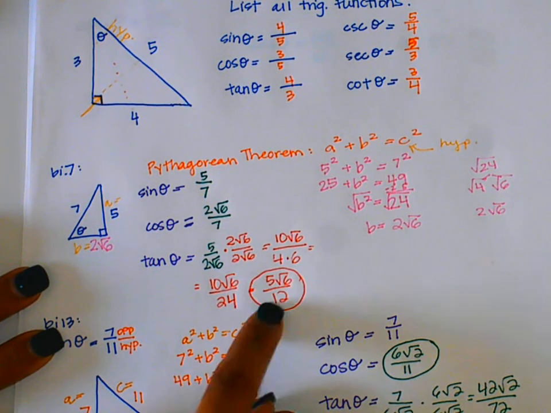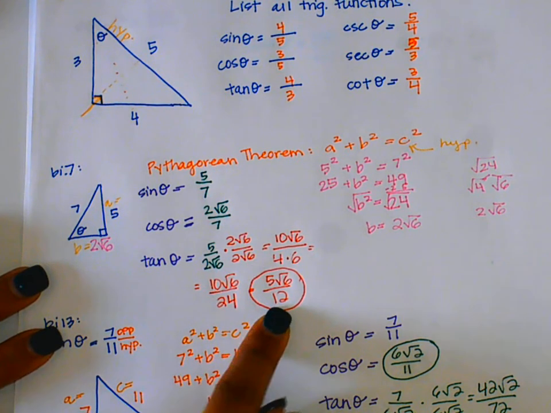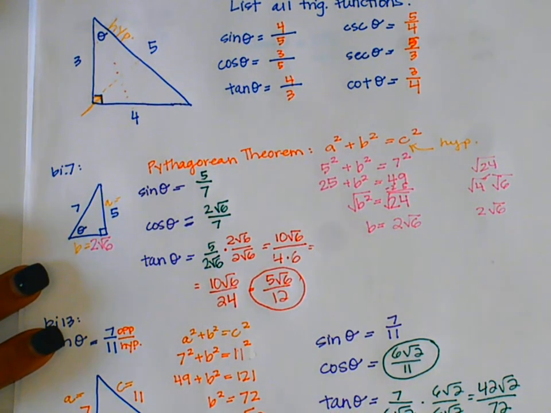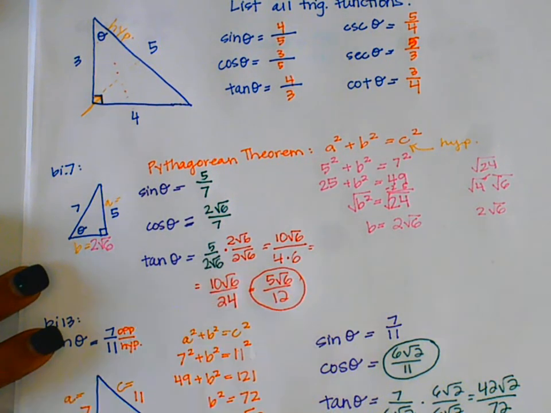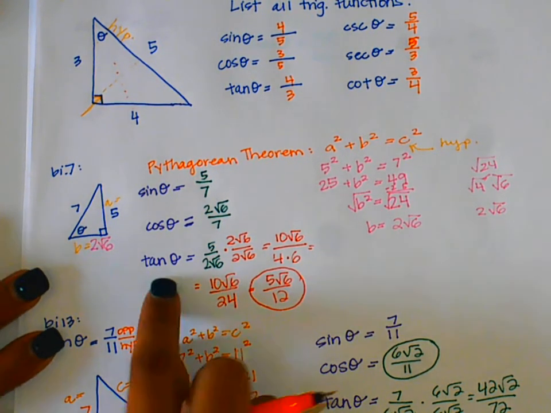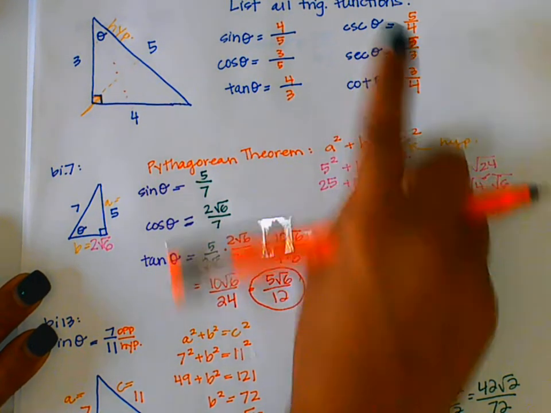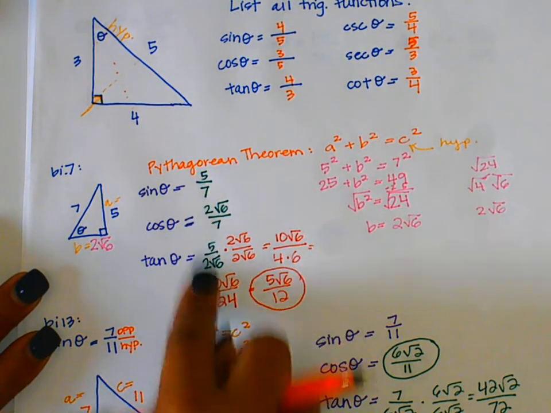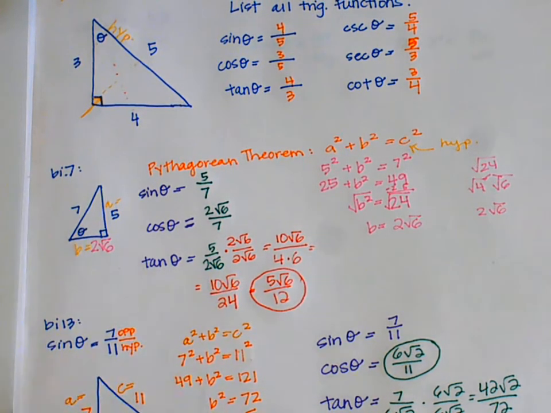If you try to take the cotangent from this answer here, you would end up with, again, a radical in the denominator. So once you rationalize that, you'd end up with the original one anyway, and that's just a lot of work. So when you have to find your cotangent, your secant, or your cosecant, take it from the first one, especially if there's a radical in it, because then you can avoid a lot of work that way.